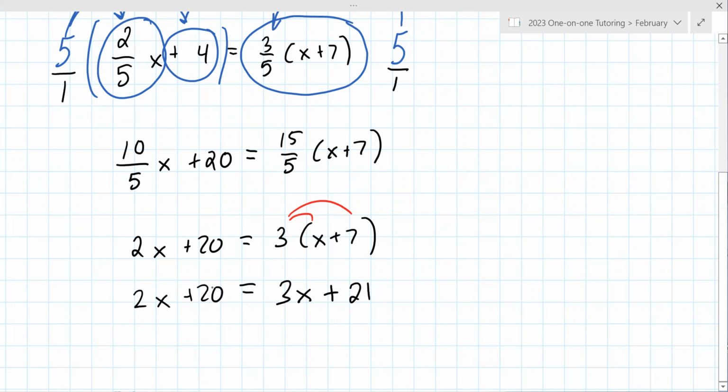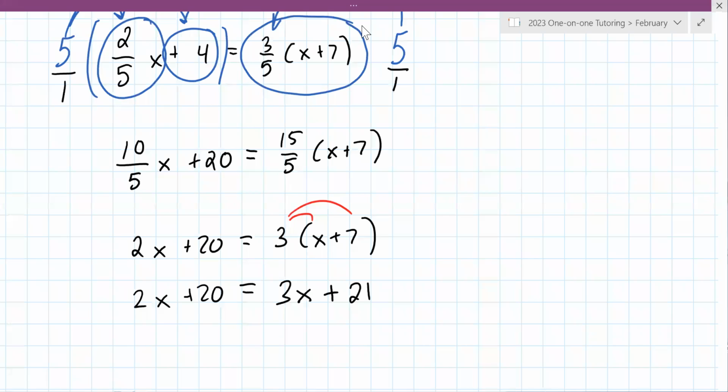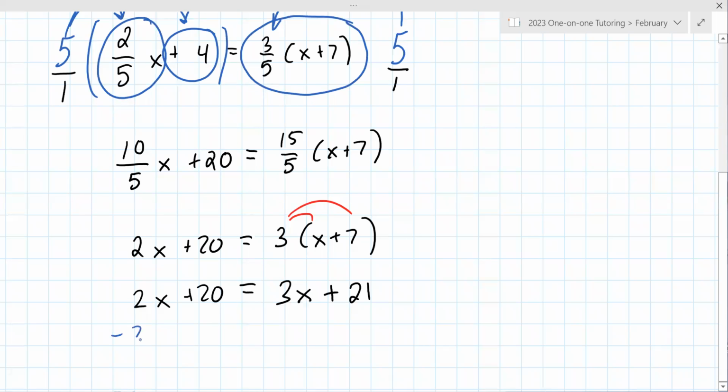All right. Now, you have a choice here. It doesn't matter actually which way you go, but you should move the variables one way. Either you're going to subtract 2x from both sides, which I think is the better route, or you're going to subtract 3x from both sides because there's variables on both sides.